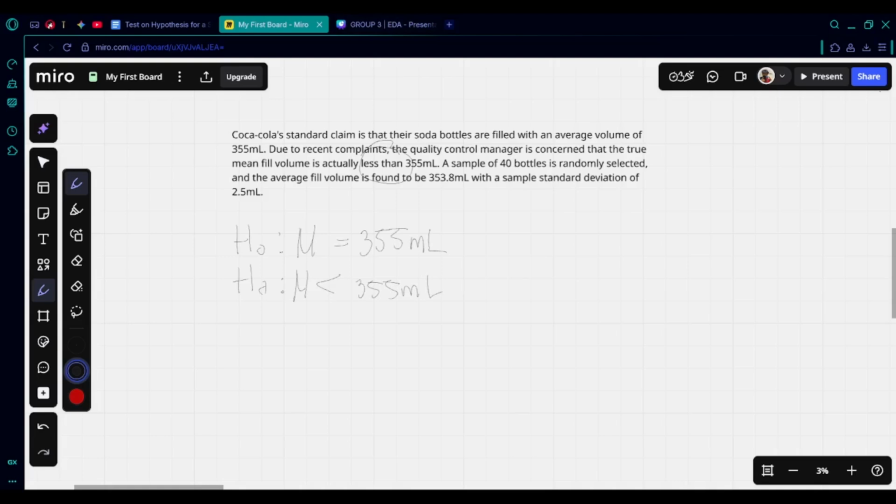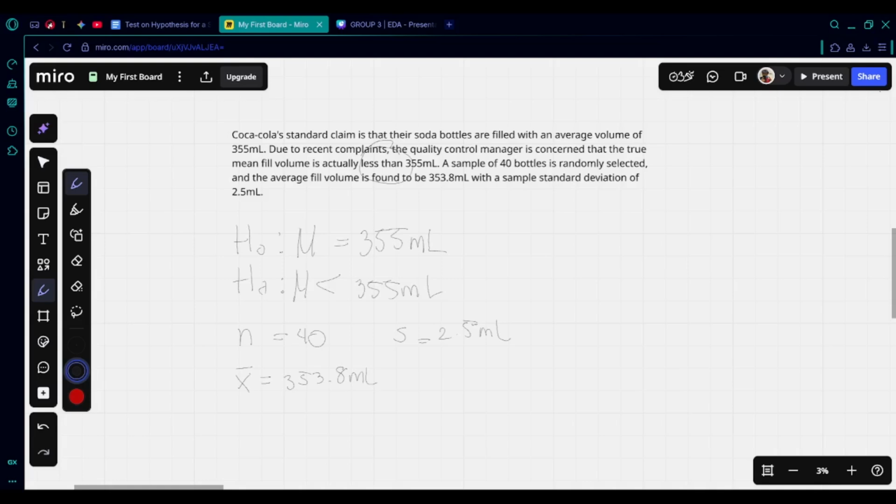Next, our n is equal to 40 bottles, a sample of 40 bottles. The average fill volume, so this is our mean, is equal to 353.8 ml. Next, we have a standard deviation of 2.5 ml.